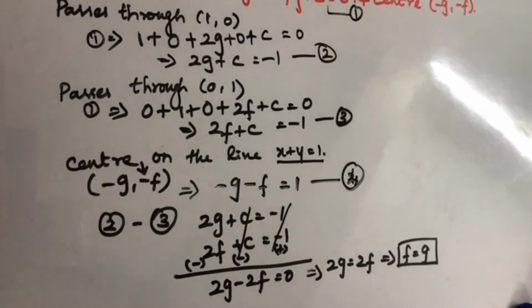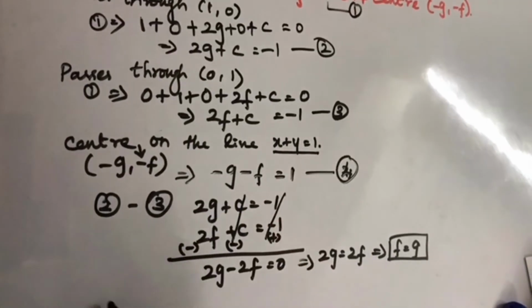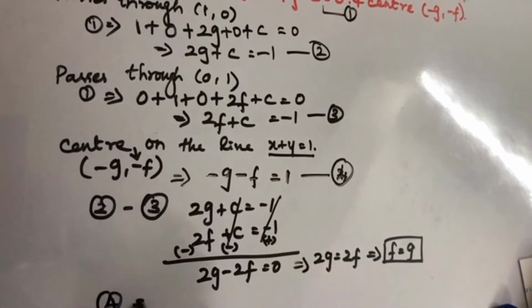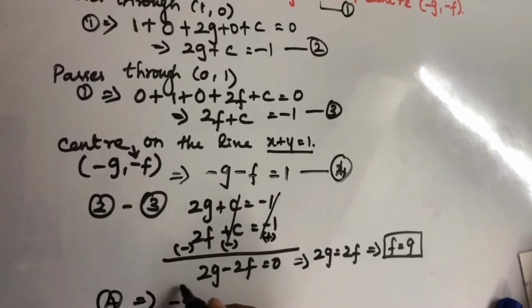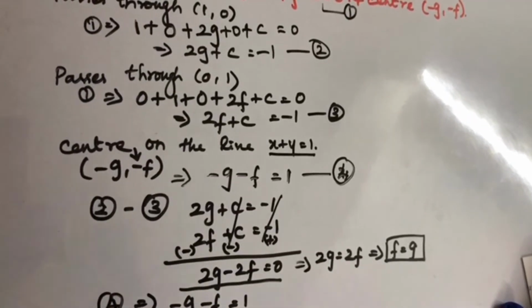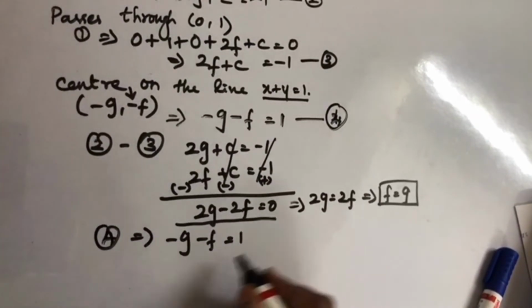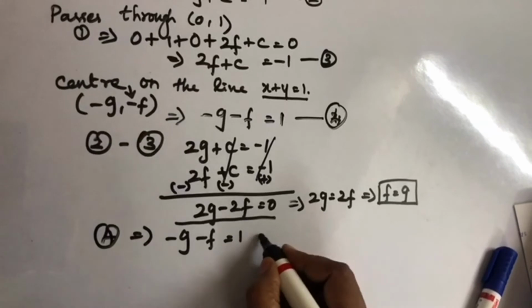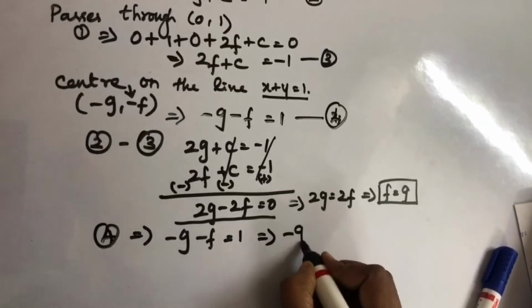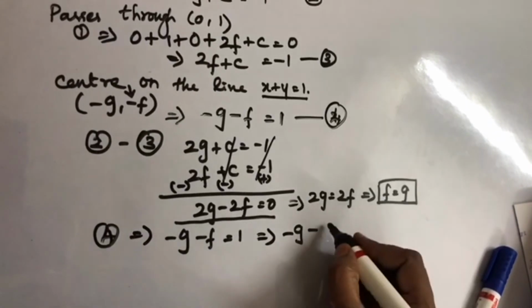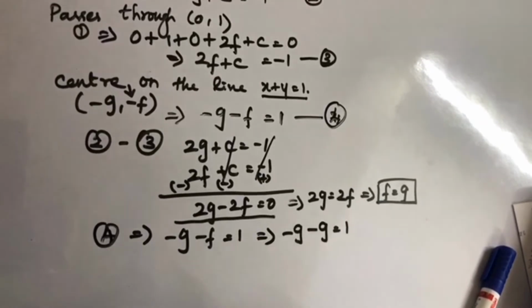Okay, now we can substitute this value in equation 4. Equation 4 implies minus g minus f is equal to 1. So, it becomes minus g minus, instead of f I substitute g, is equal to 1.